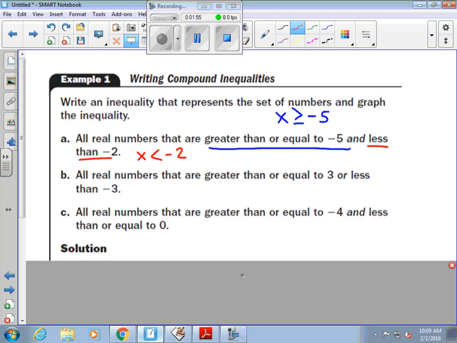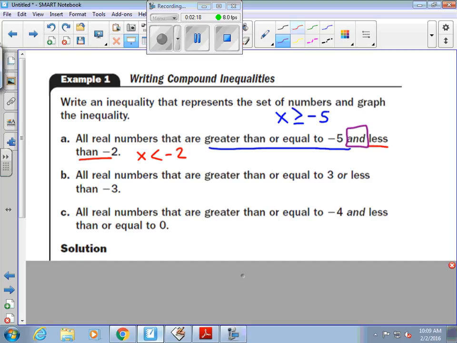Now, again, what I told you a little while ago about this being "and" or "or." This right here says "and." You need to put these together. Anytime you have an "and" inequality, you put them together with the x in the middle. So we take this inequality that we have written on top, x is greater than or equal to -5.